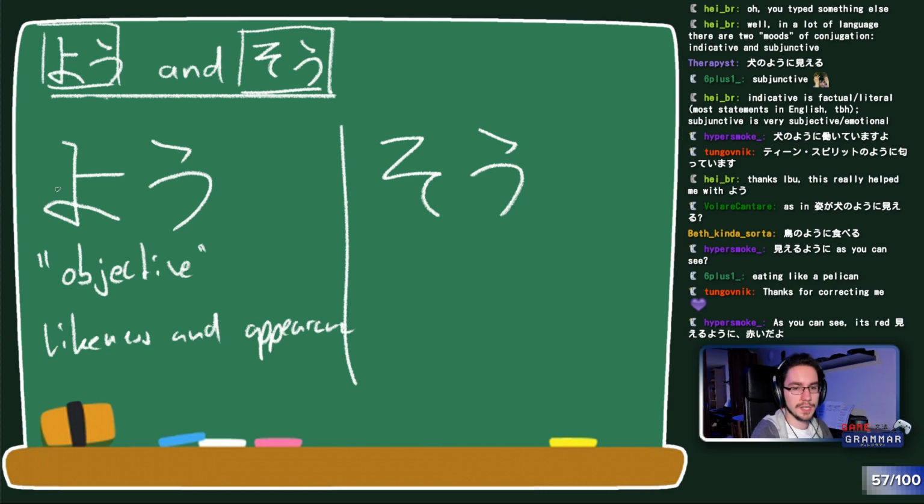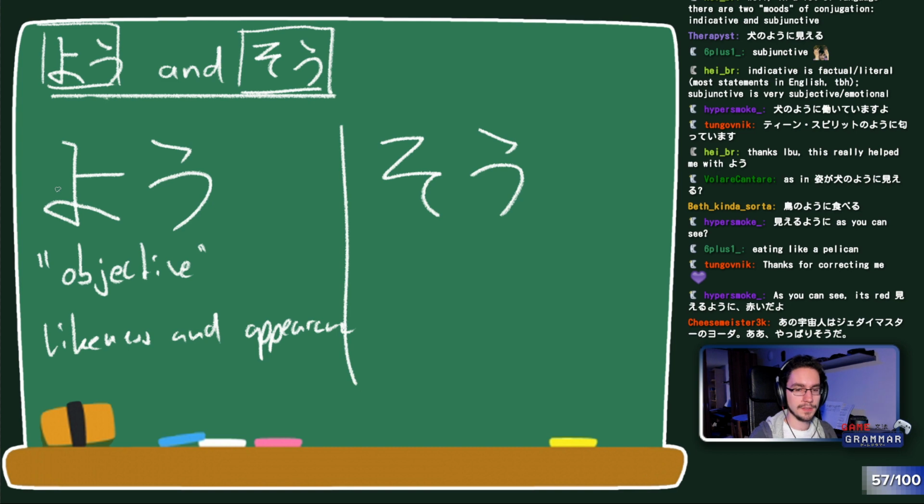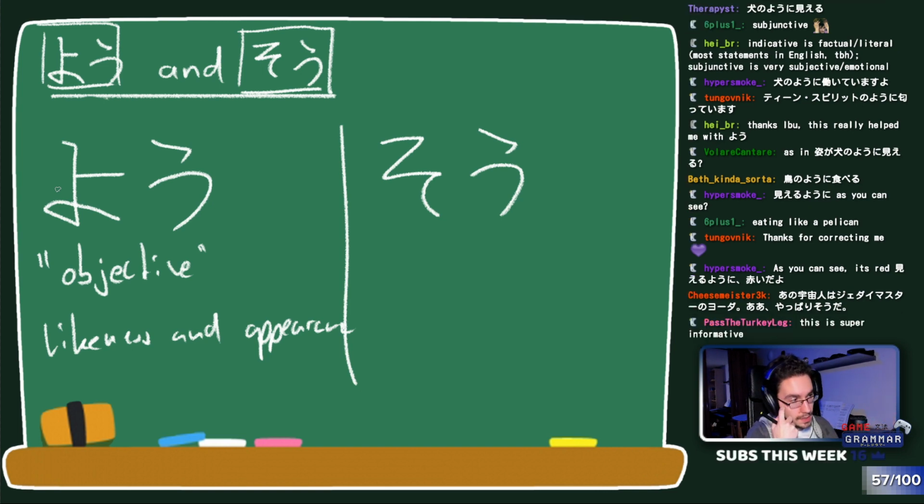The formation again: よう attaches to the dictionary form of verbs and sentence ending forms, right? And it's also for it seems like. Again, it's all about comparing it to a thing or an action.